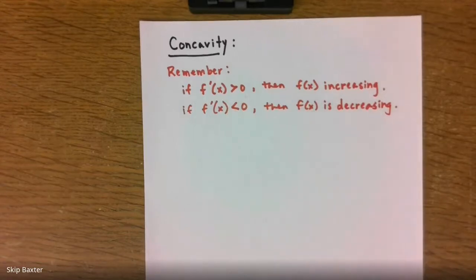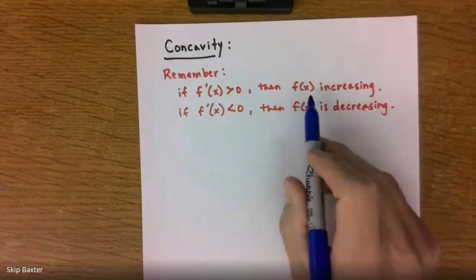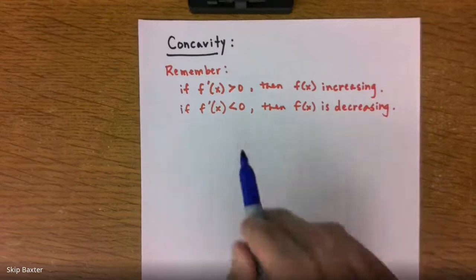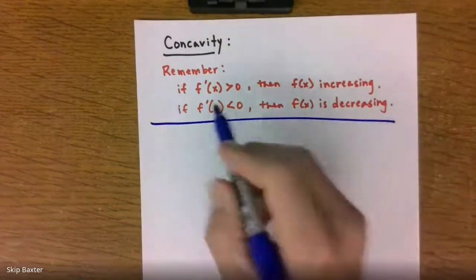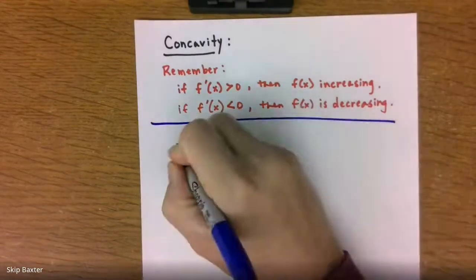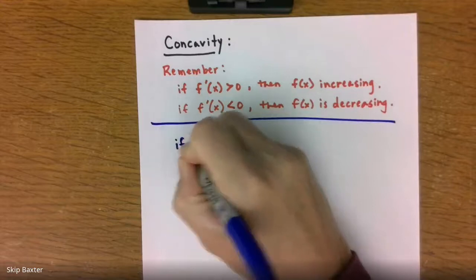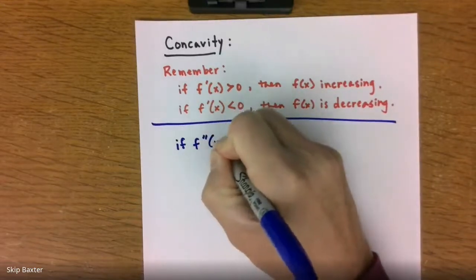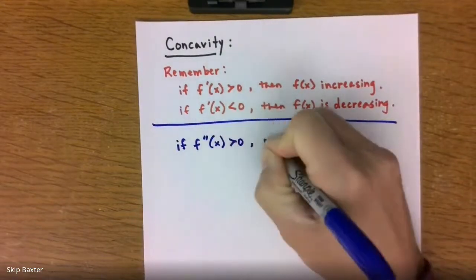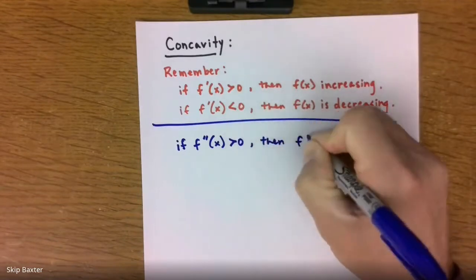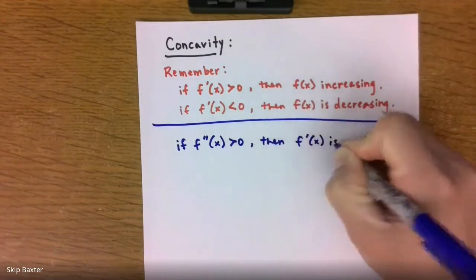So suppose our original function wasn't f of x, but suppose our original function was f prime. If you take its derivative, you get this statement. If f double prime of x is positive, then f prime of x is increasing.